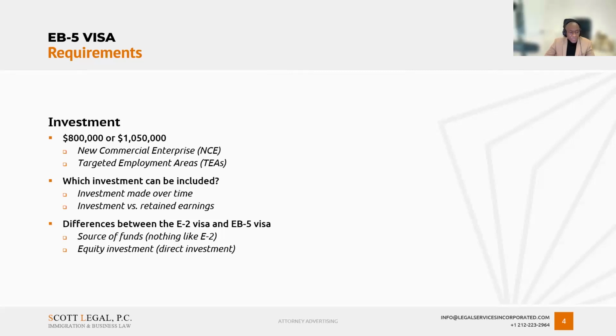People on the direct side are sometimes more comfortable because it's their own business. But you can't, for example, in a regional center, put in your contract that they guarantee to return your money by a certain date. That would unfortunately kill an EB-5 petition.